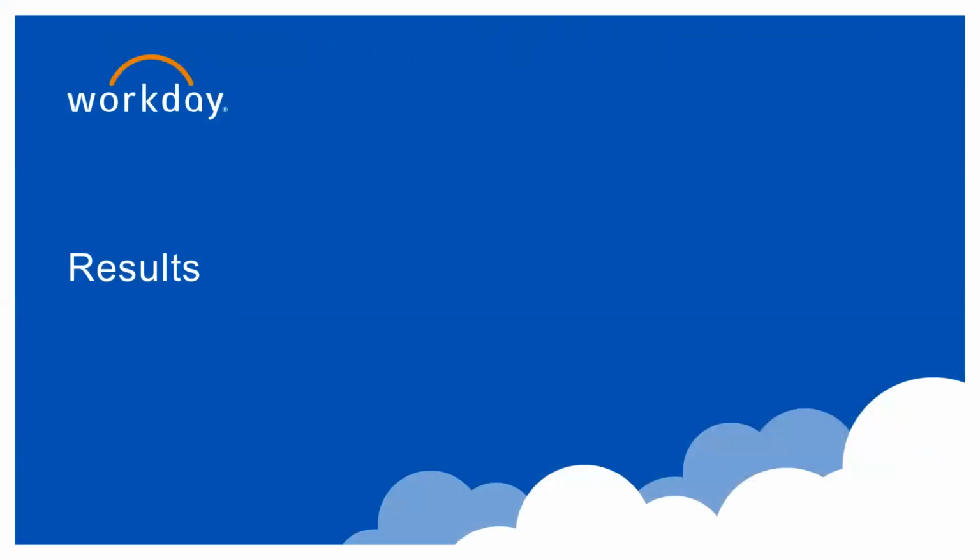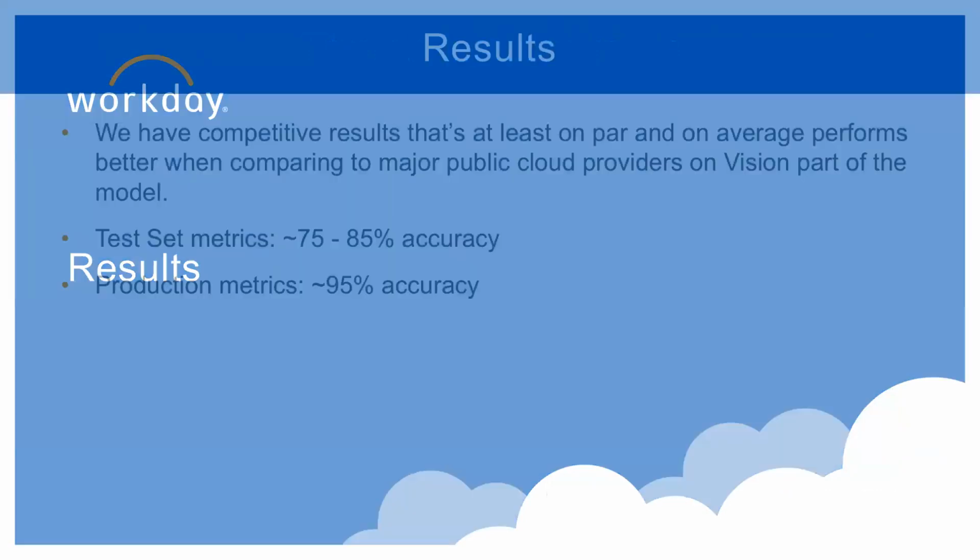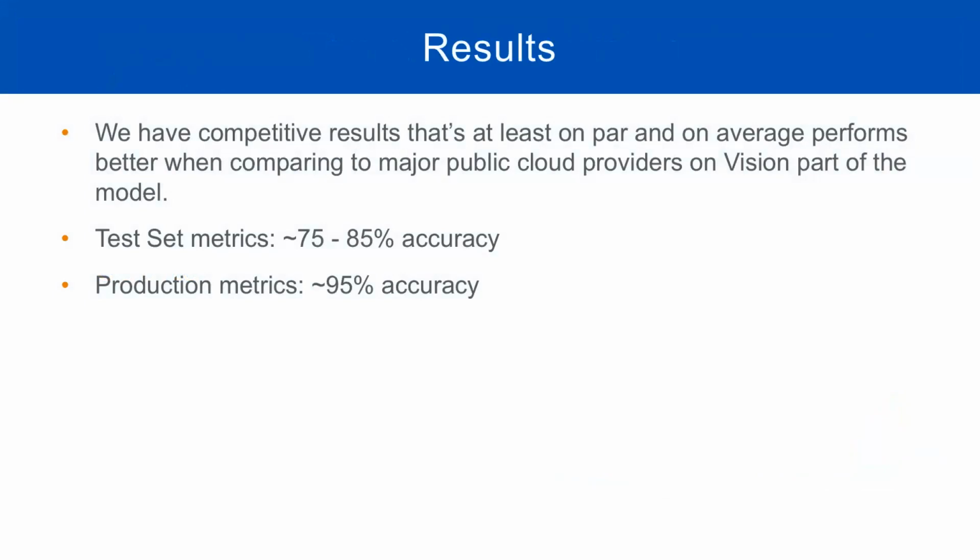Okay, now comes what actually matters. We have competitive results. I'll show this later with some slides. Essentially, we have a pretty harsh test metric with really weird receipts and documents, some with handwriting all over them, and some with irregularities.